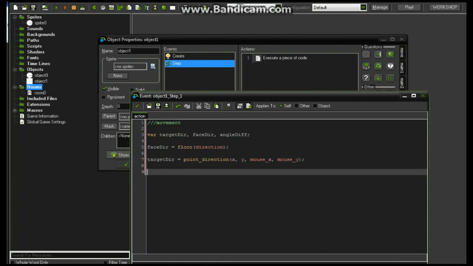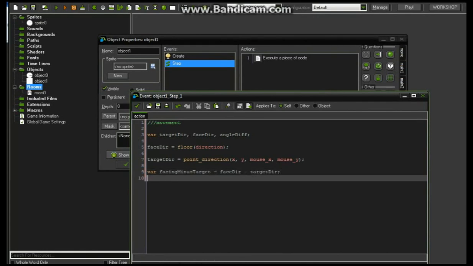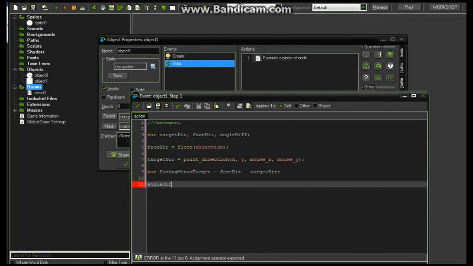That's where we want to go. And then the angle difference. We're going to declare one more variable called facing minus target, which is facing direction minus our target direction, just like I showed you in the little visual. Then our angle difference will equal the facing minus target direction.